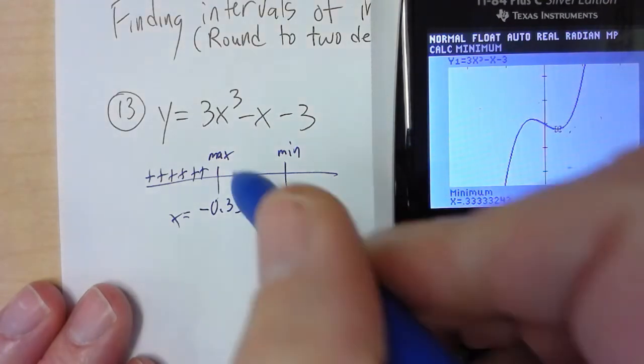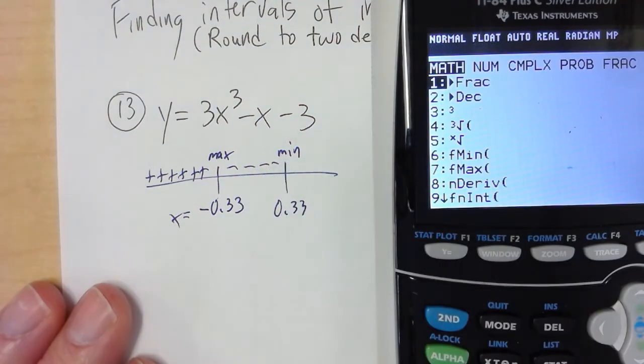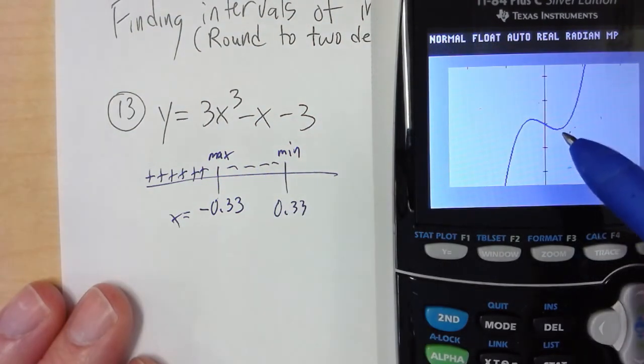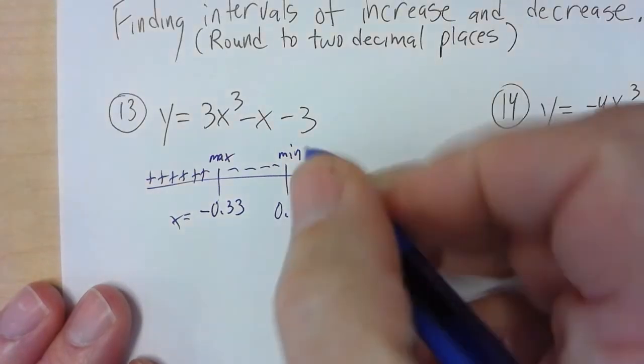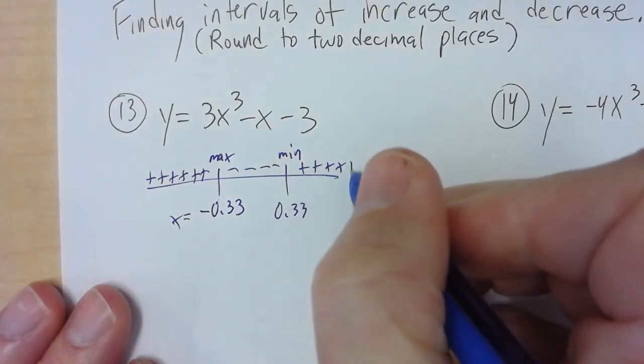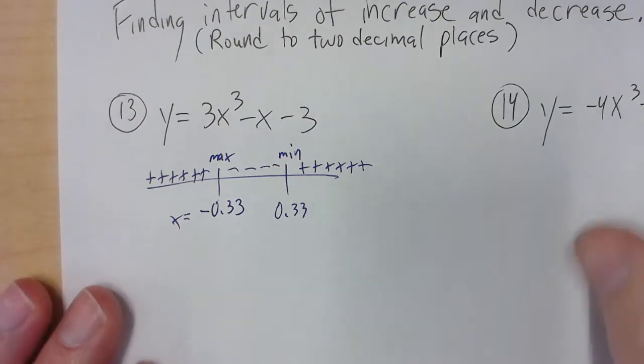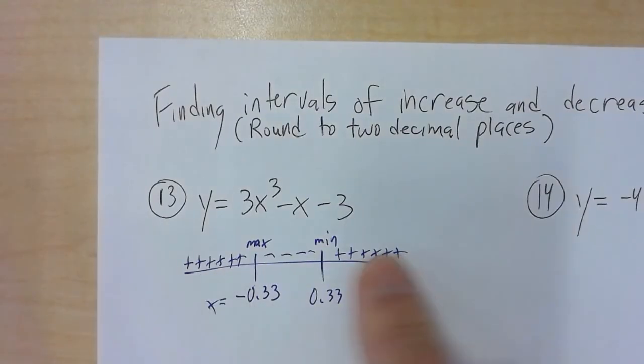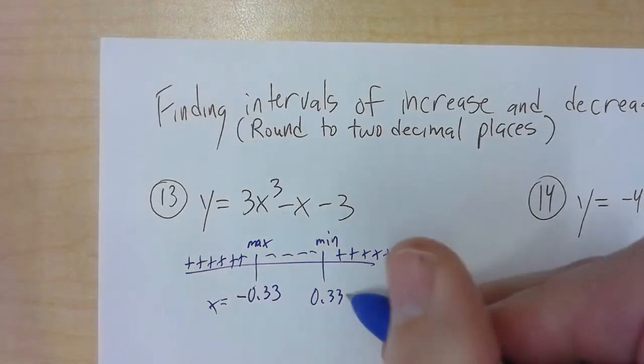Down. So decrease, decrease, decrease, decrease. Then what happens after that? It goes up. So it's increase, increase, increase. All right. So now we have it. We know that it's increasing on these 2 intervals and decreasing on this interval in between.